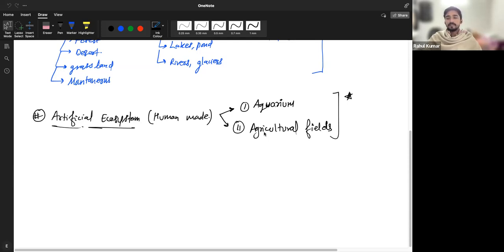We make these, we cut forests or we exploit grasslands, remove them and make cultivable lands. But these agricultural fields have interacting partners, so it becomes an ecosystem overall, but it's a human-made ecosystem. Now from here in today's class, thank you so much, Ellen, for the summary.